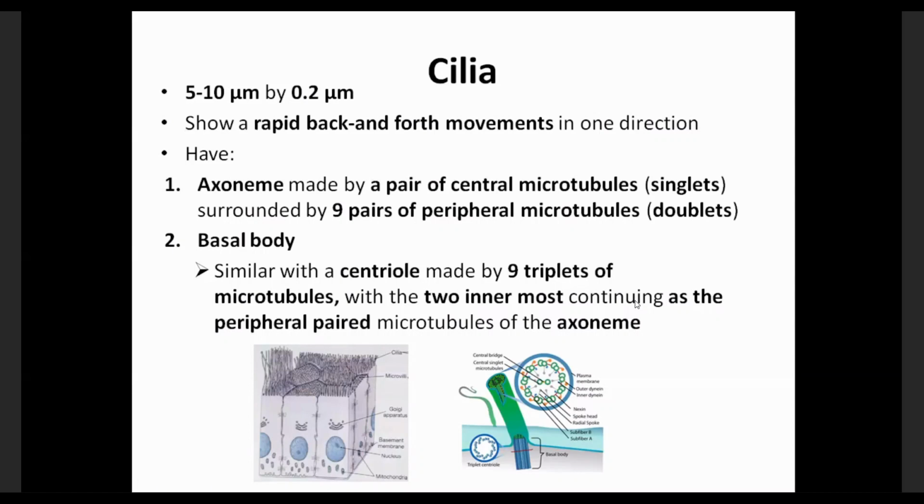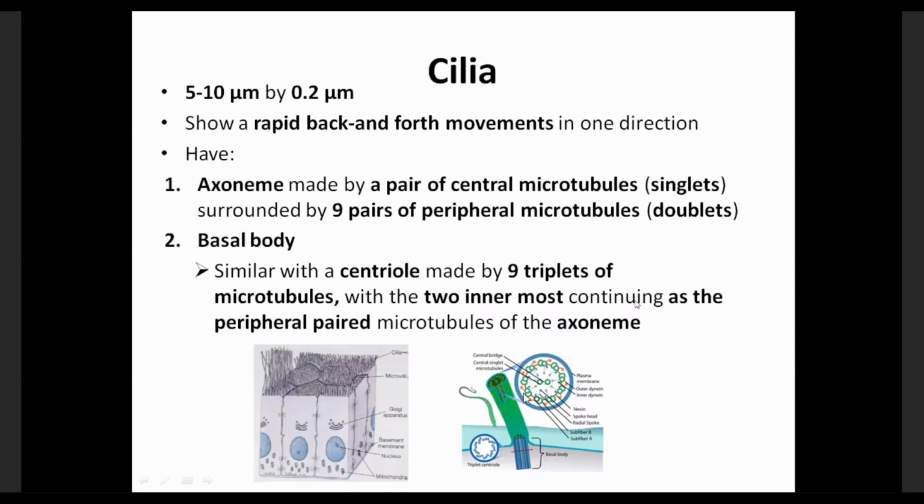You remember from our discussion of last module, microtubules are for sliding one upon another and causing bending and straightening. By doing so, they can beat towards one direction, and these are cilia. They have microtubules, not microfilaments. So they are different structurally with regard to size and the function.